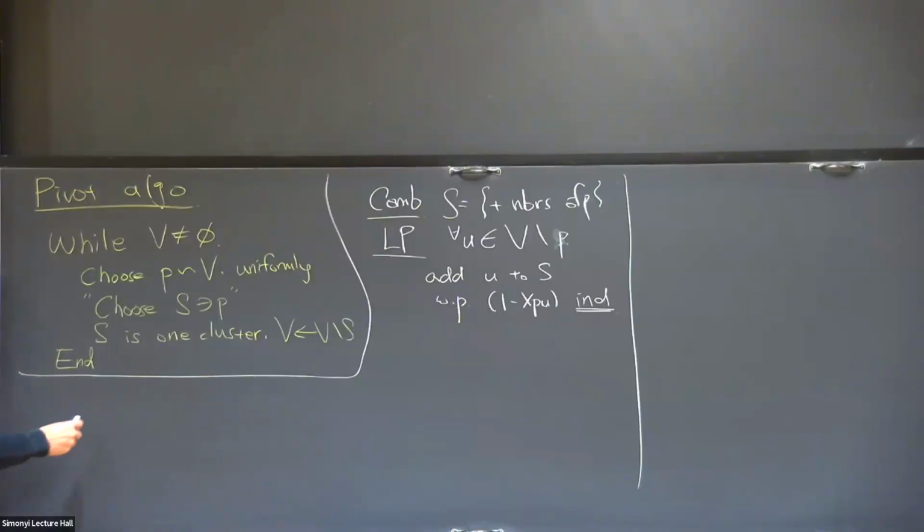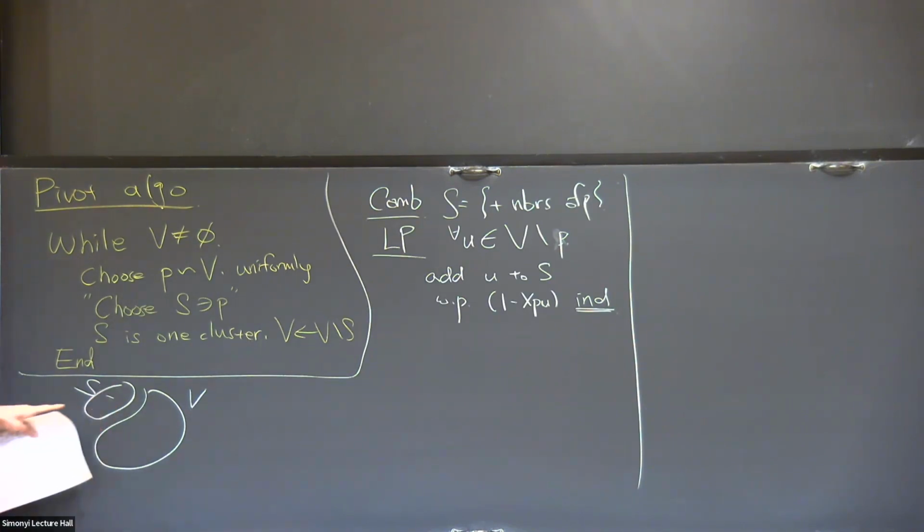For example, if this was the whole graph and we separate S out of the initial B here, then the edges we violate by making that decision are the minus edges inside S and the plus edges crossing S.